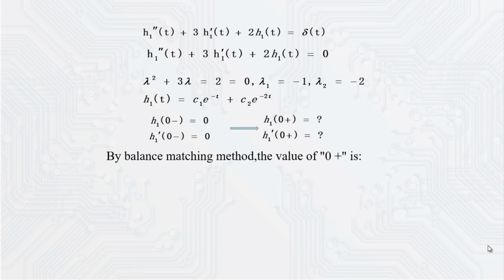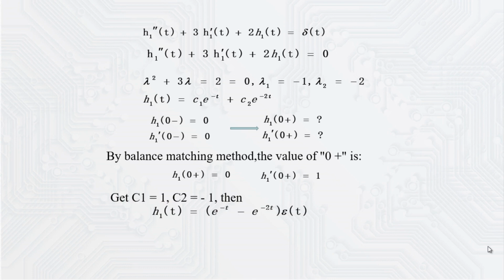This part I've already covered in the previous chapters: we need to use the balance matching method. We can get the 0 minus values to the 0 plus values. In the end, we get the values at 0 plus. It finds that the undetermined coefficient C1 is equal to 1, and C2 is equal to minus 1.